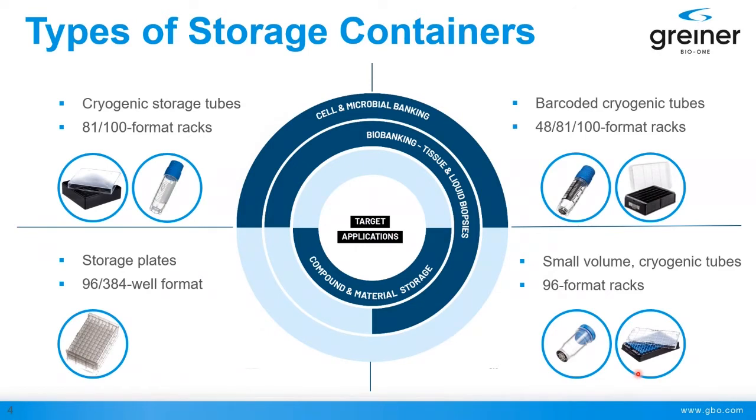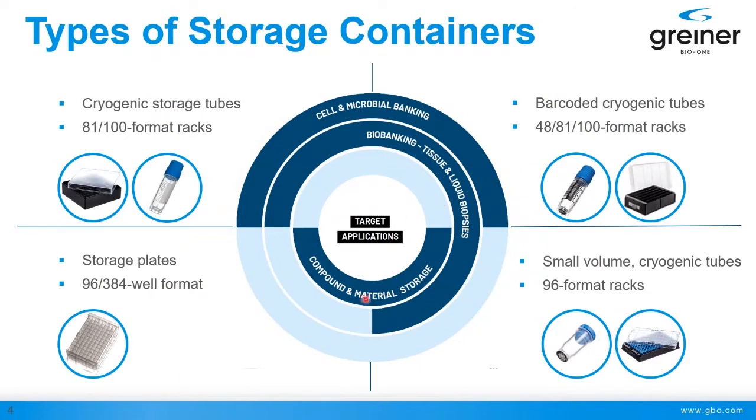And since mainly the diameter is changing, also a little bit the height, you can now accommodate 96 of these tubes on the standardized footprint. We now talk about liquid biopsy biobanking, which is very often carried out in these formats, but also compound storage is the topic here, because compound storage sometimes is done in such small tubes in these automation-friendly racks.